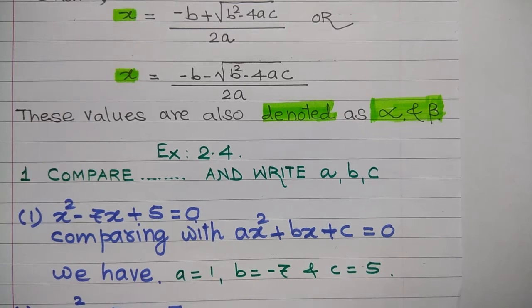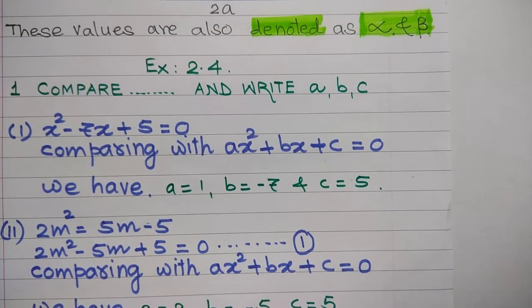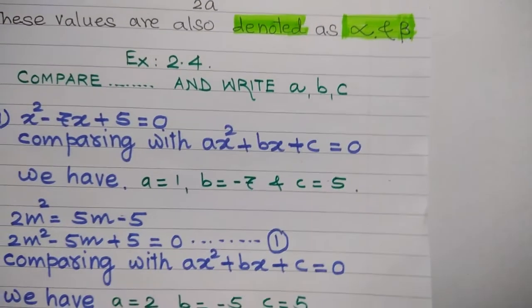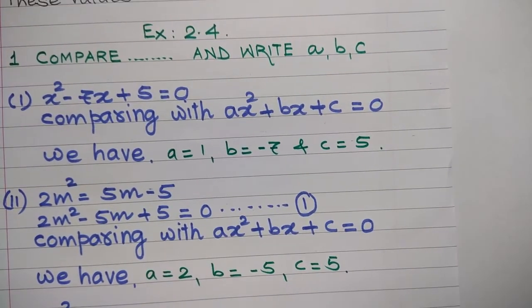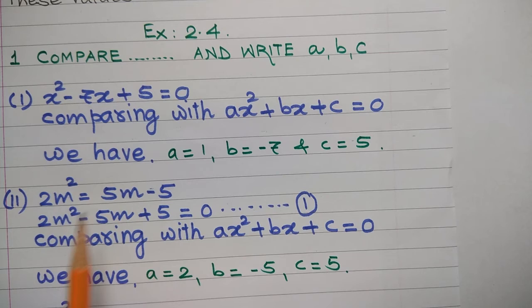Now let us move towards example number 2. It is 2m square is equal to 5m minus 5. Shift 5m as well as minus 5 to this side.